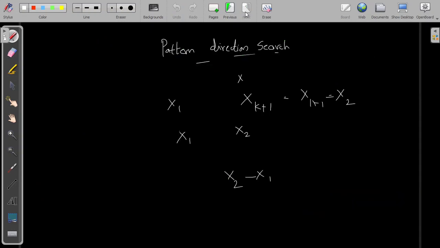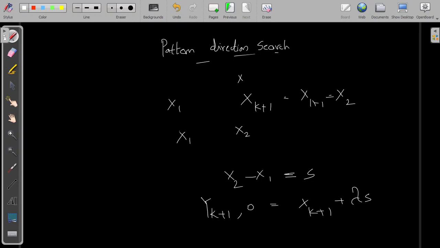Once we got the pattern direction, denoting it as S, we will directly go in the direction of S and find a point known as y k plus 1 0, where y k plus 1 0 is equal to x k plus 1 plus lambda into S, where lambda is the optimum step length.